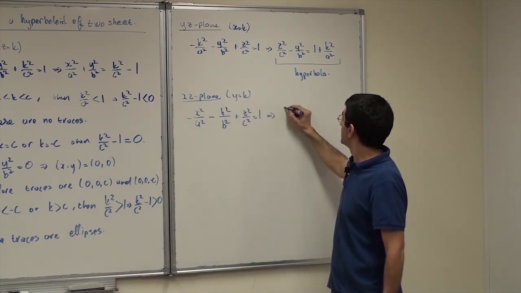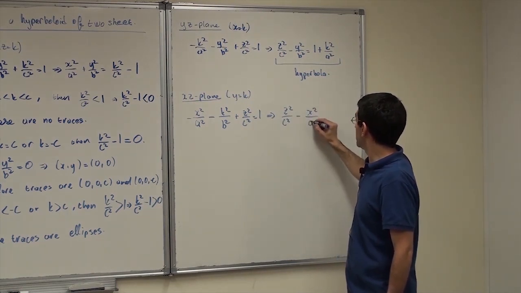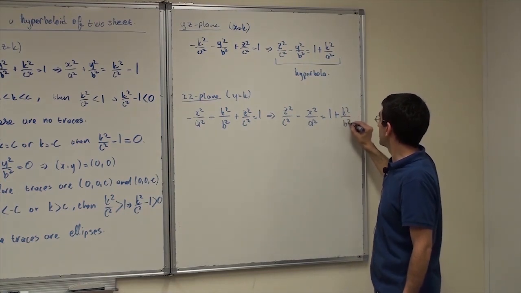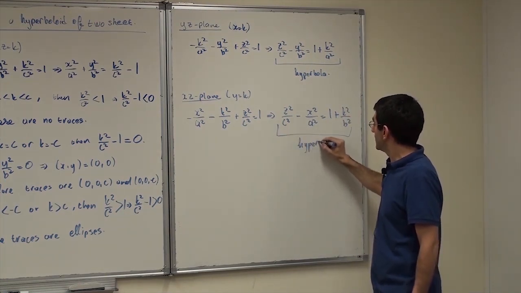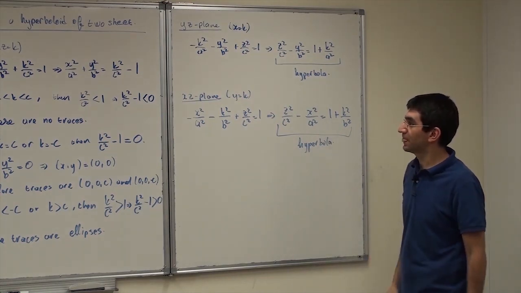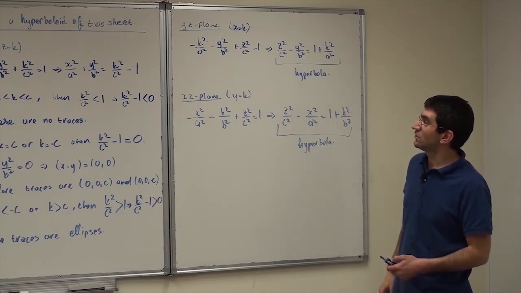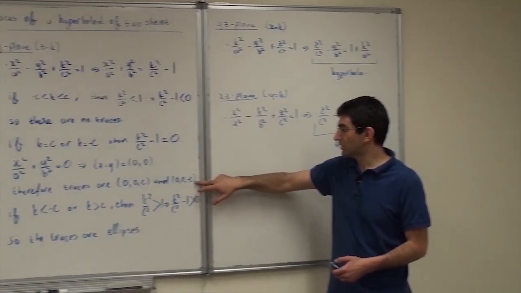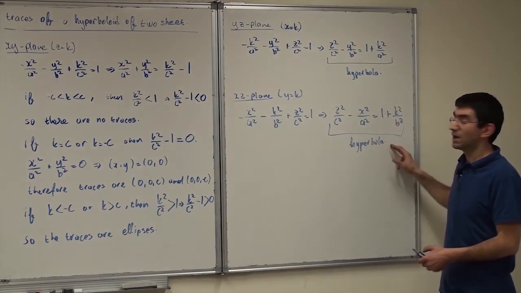We write this as z squared over c squared minus x squared over a squared is equal to 1 plus k squared over b squared. Again, for any value of k, this intersection is going to represent a hyperbola. So, overall, the traces of the hyperboloid of two sheets are either 2 points, or ellipses, or hyperbolas.